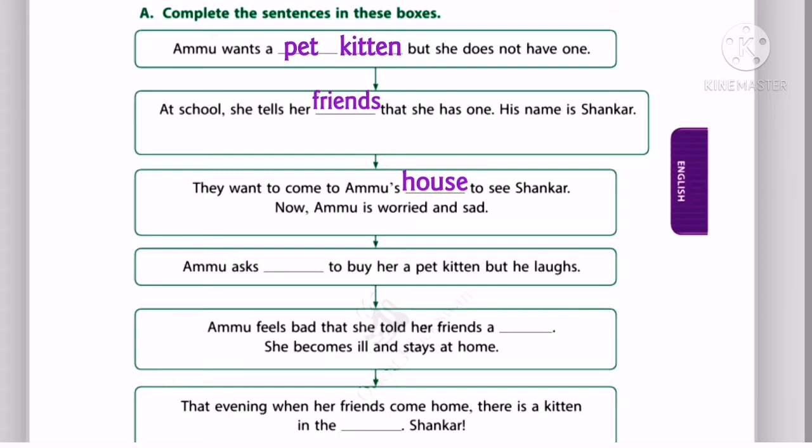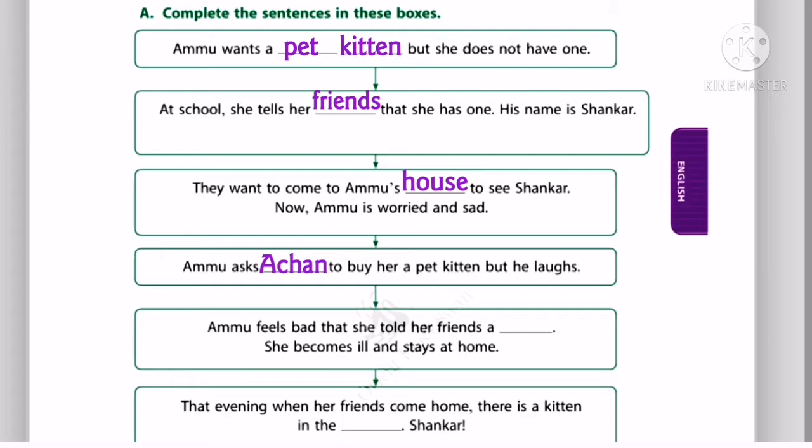Next one. Ammu asks dash to buy her a pet kitten, but he laughs. So to whom Ammu asks to buy the pet kitten? Yes, to Ammu's Achan. Ammu asks Achan to buy her a pet kitten, but he laughs. Next one. Ammu feels bad that she told her friends a dash.